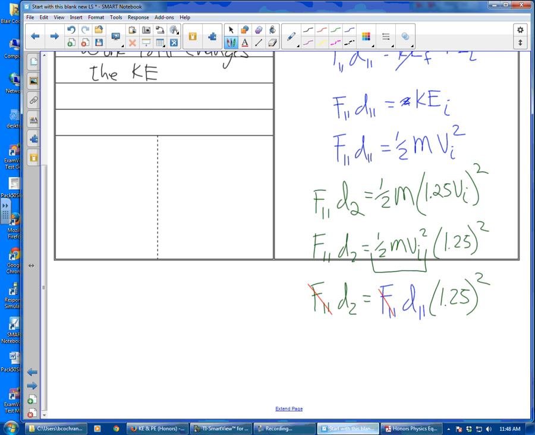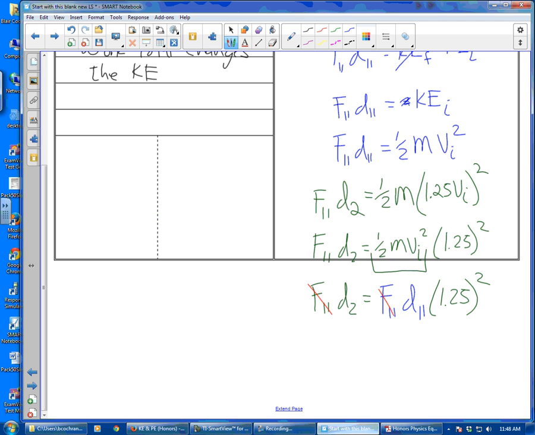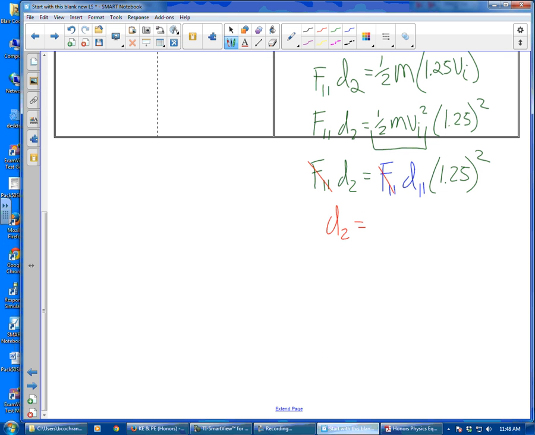But I think it says, by what does it increase? So if I do this 1.25 and square it, I get that D2 is 1.5625, which means it's increased by 0.5625.